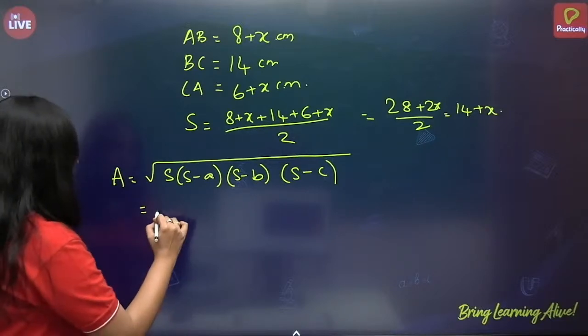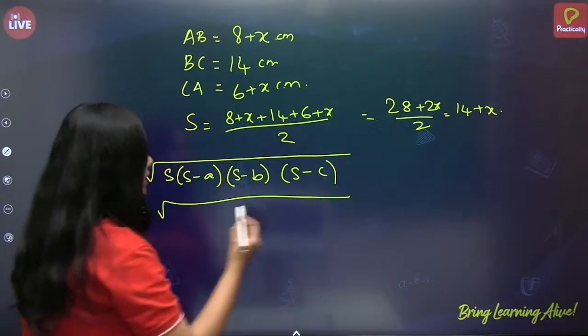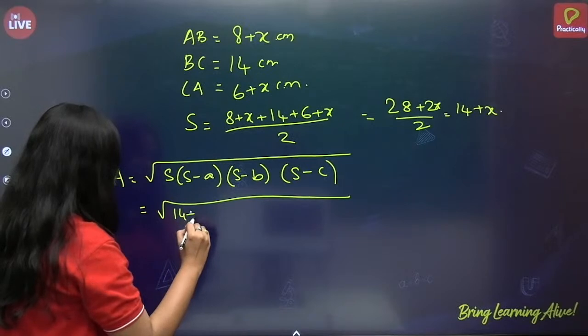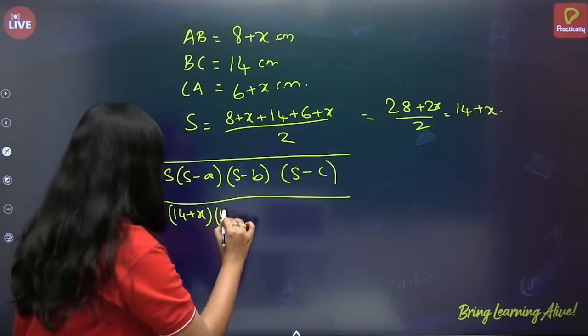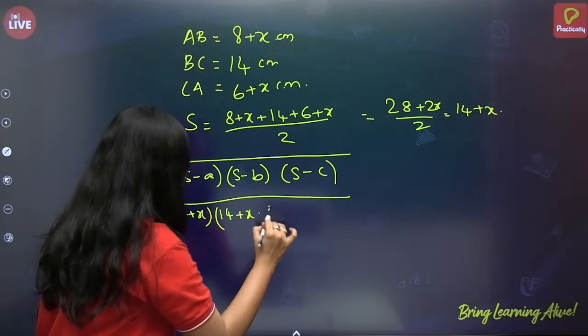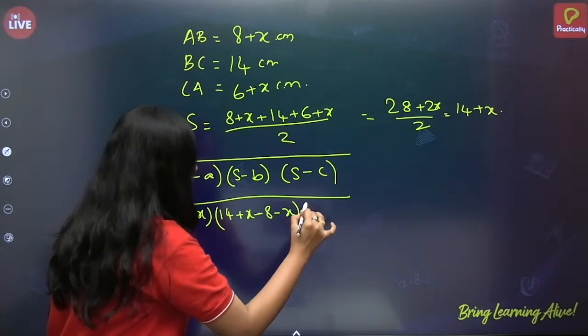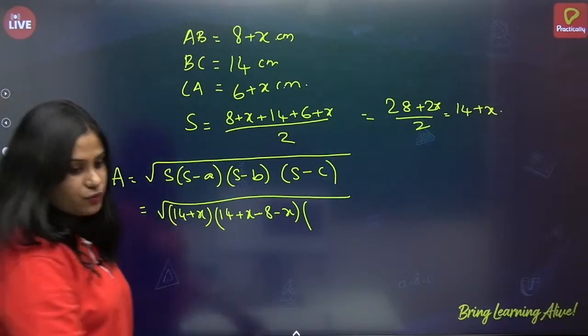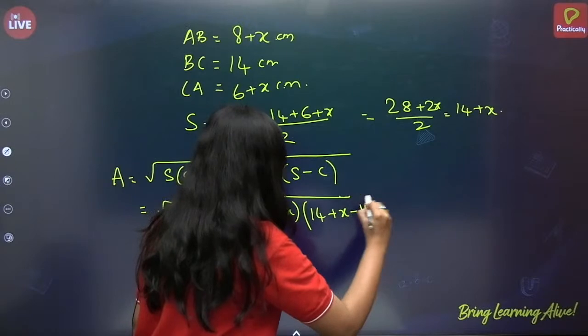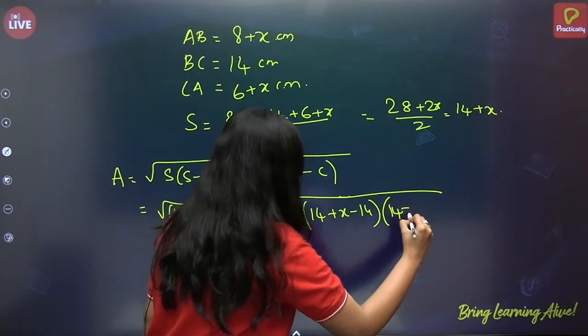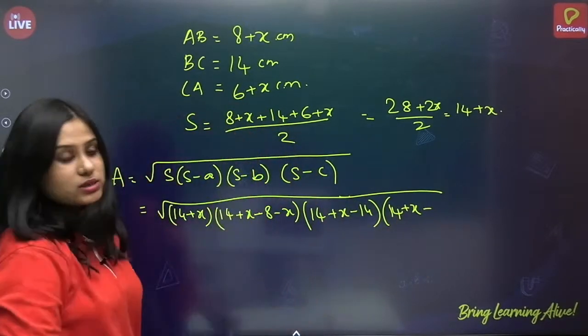Now, let us just substitute. What is S? 14 plus x. 14 plus x into (14 plus x minus 8 minus x) into (14 plus x minus 14) into (14 plus x minus 6 minus x).